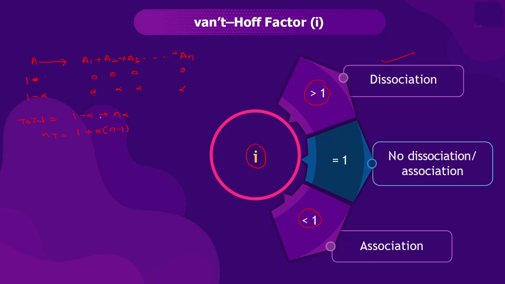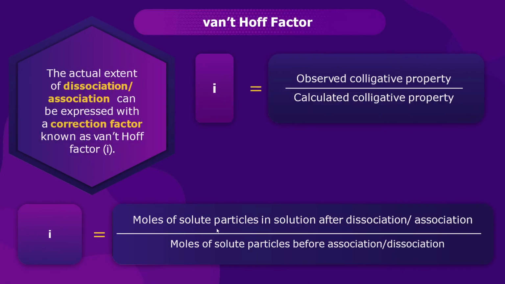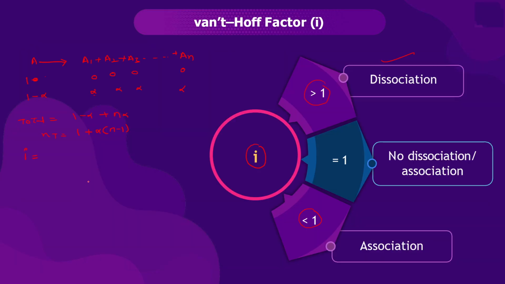So now in case of this one, what is van't Hoff factor? The formula just now we have seen: i is equal to number of moles of solute particles in solution after dissociation or association upon moles of solute particles before dissociation or association. See this, how many moles have I taken before dissociation? 1.